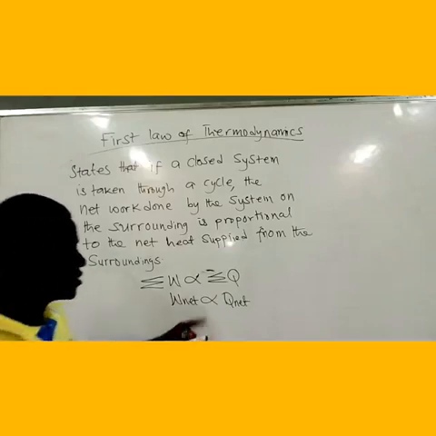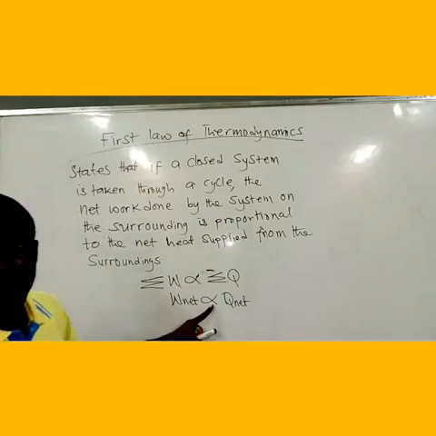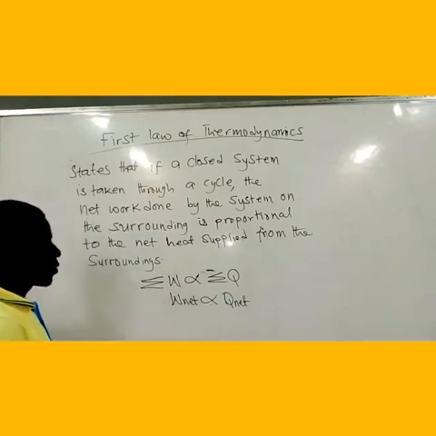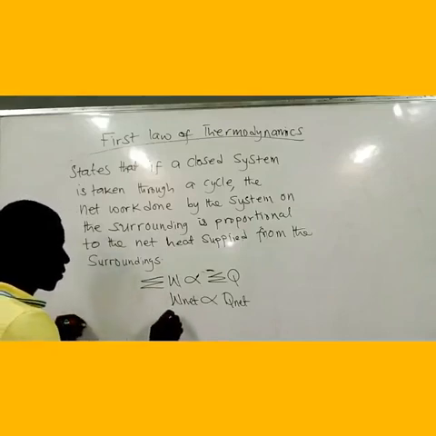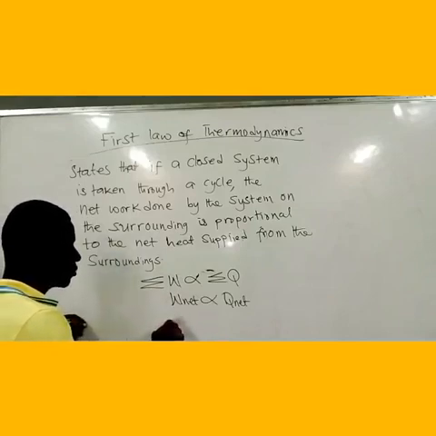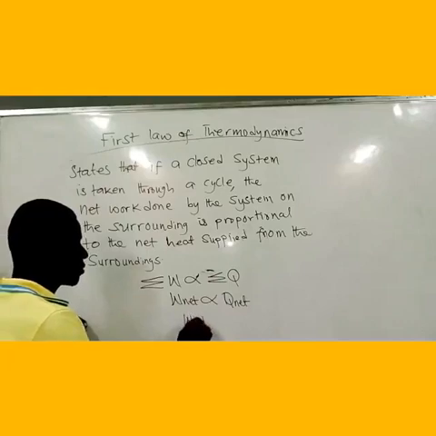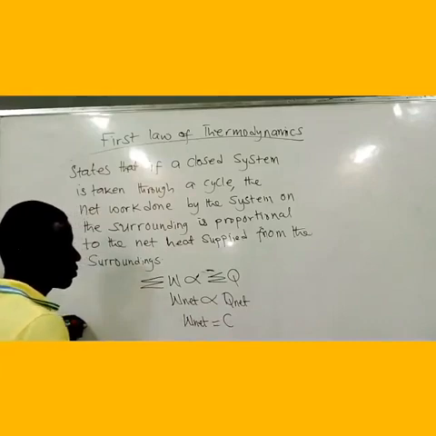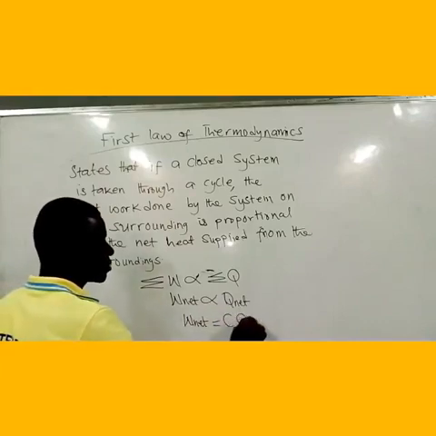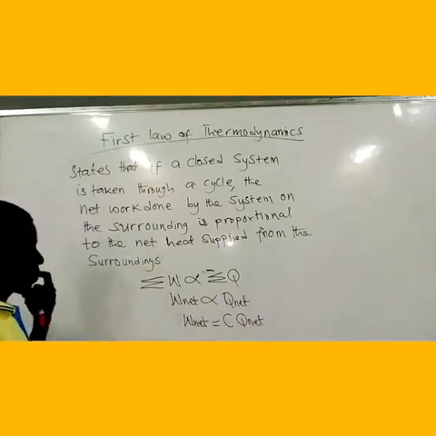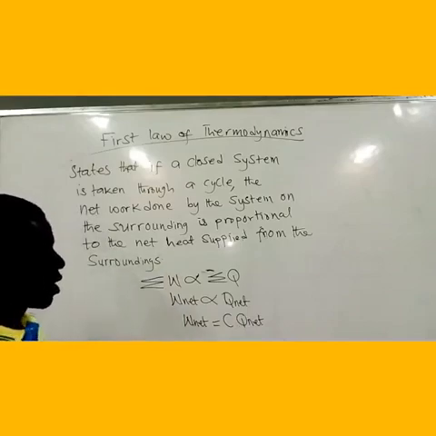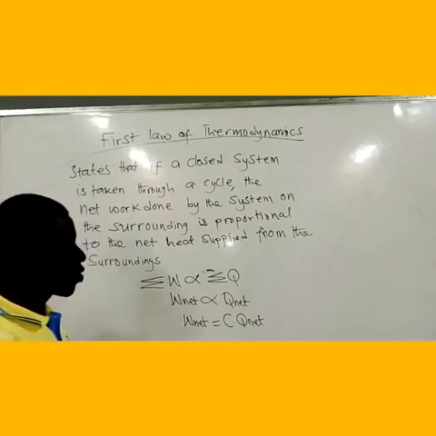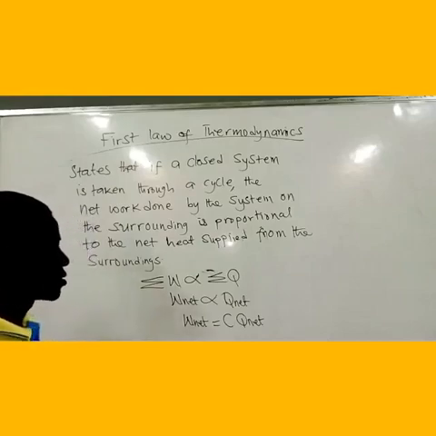But if we change this proportion sign to an equation, then we are going to have work net is equal to a constant times Q net. Work net is equal to a constant Q net.